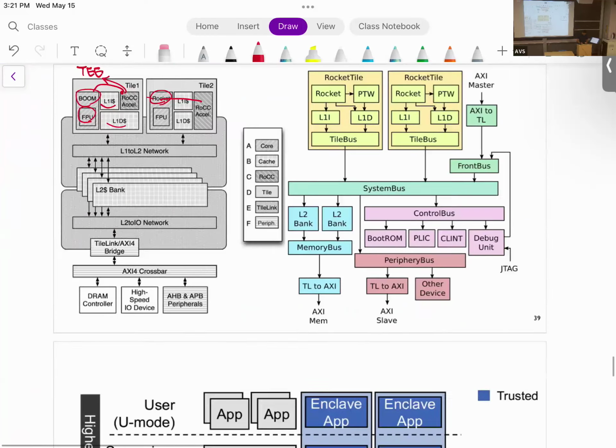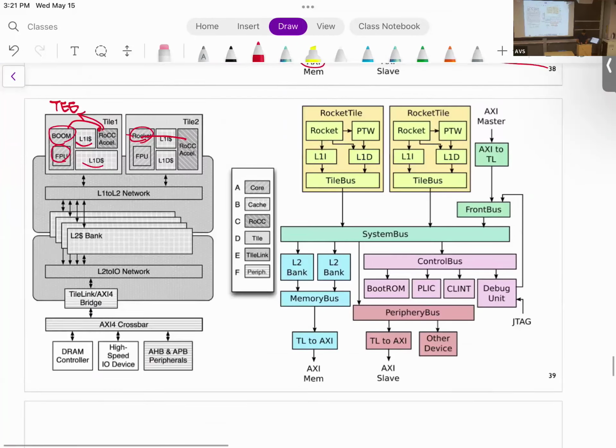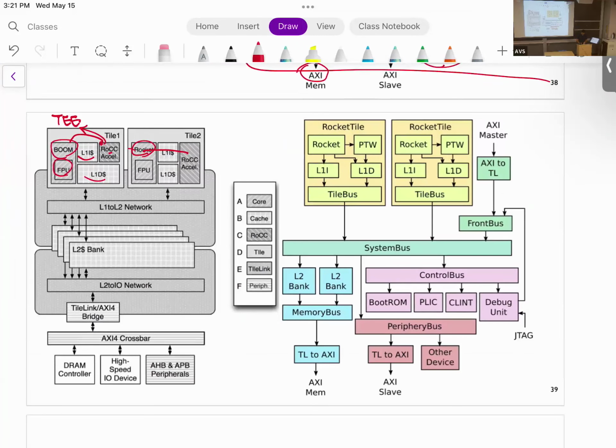The other alternative is not having this here and going all the way to the periphery bus. So you can have a unit connected to here. If you have a unit connected to here, the trade-off is that the cost of each of your tiles would be much less, okay?